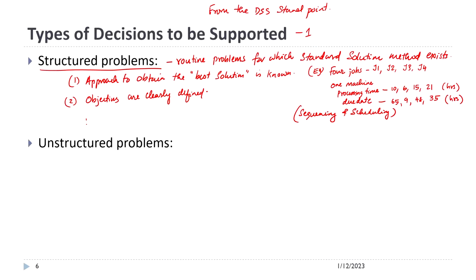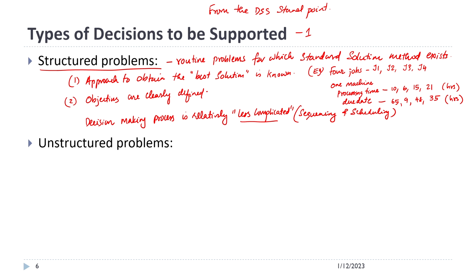Take the job which has the earliest due date and keep on processing them so that you have minimized lateness. So, for this kind of problem, the decision making process is relatively less complicated. It is reasonably easy, I do not want to call it easy, but it is less complicated.